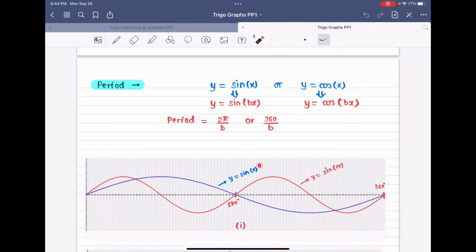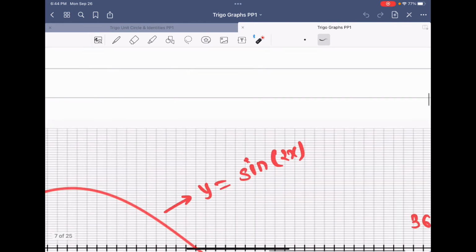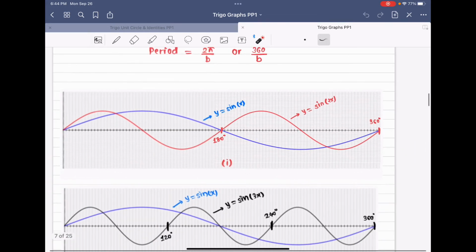So see this, y is equal to sine x, your original graph. One crest and one trough is completed between 0 to 360 degrees. So one rotation. But when I am using y is equal to sine 2x, clearly I see that x has a multiplier of 2. That means it is completing 2 rotations in 0 to 360 degrees.